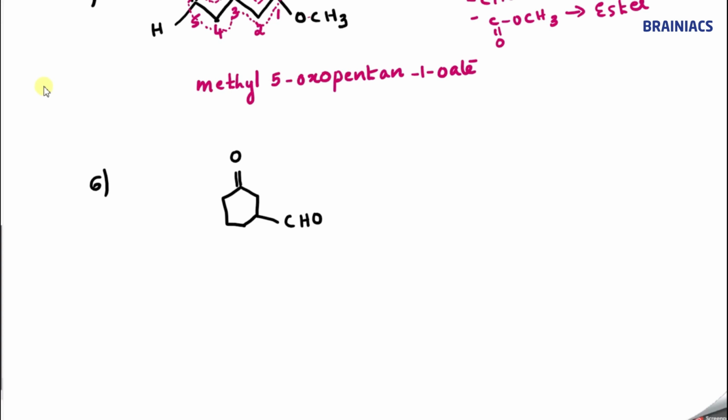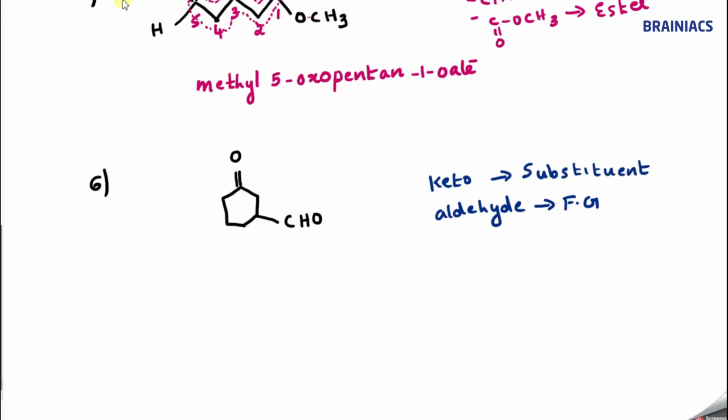Ketonic group as well as aldehyde is there. So tell me who will behave like the functional group? Aldehyde, because aldehyde comes first in the priority table before keto. So keto group will behave like a substituent, correct?